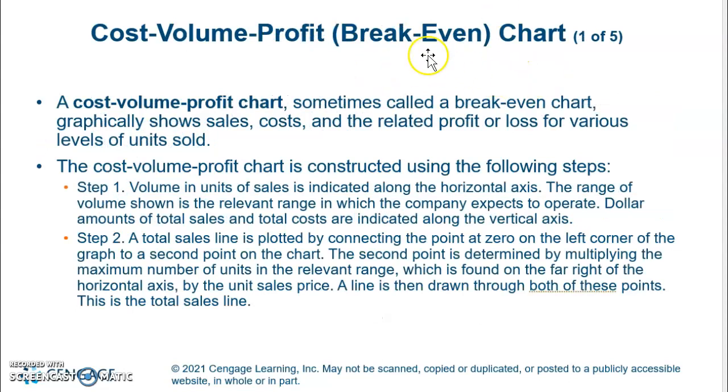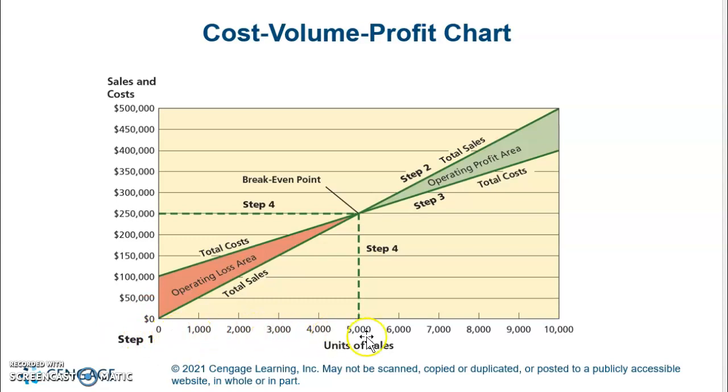So a cost volume profit chart is mostly called, or sometimes called, a break-even chart. And so what you're going to do, step 1, the volume in units of sales along the horizontal axis. Okay, so here is step 1. Here's your units of sales. It's going across here from 0 to 10,000. And then on the vertical axis is your sales dollars and your cost dollars. So you're going to have one sales line per unit and then one total cost line.